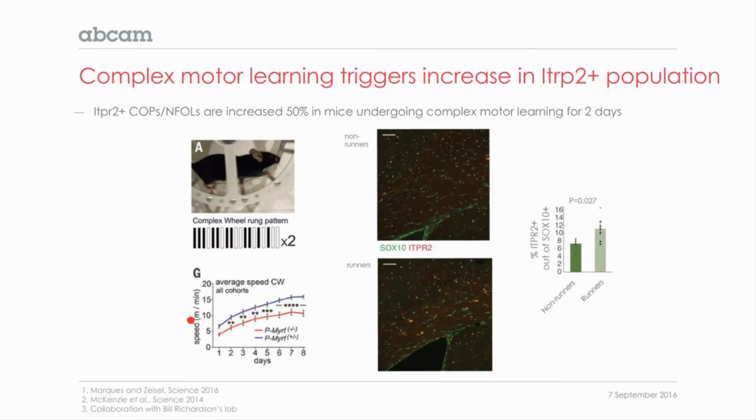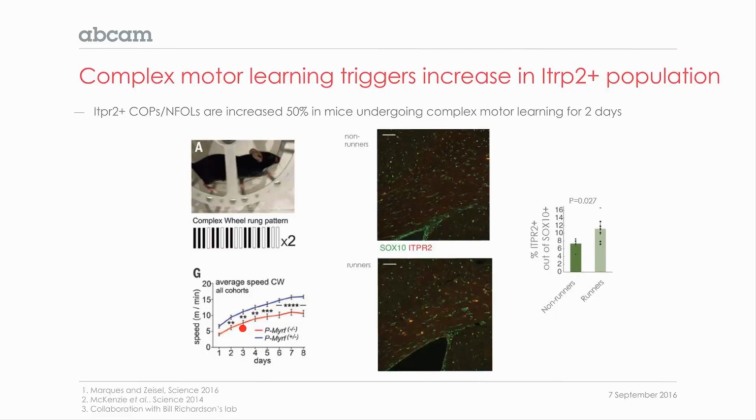So what Bill's lab has shown in their study was that differentiation of myelinating cells from adult OPCs was important for this process of learning in this complex wheel paradigm.